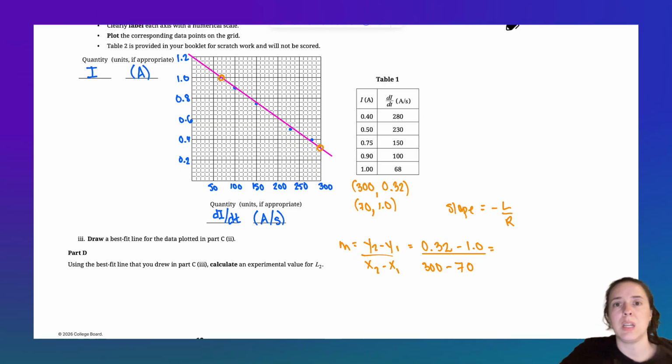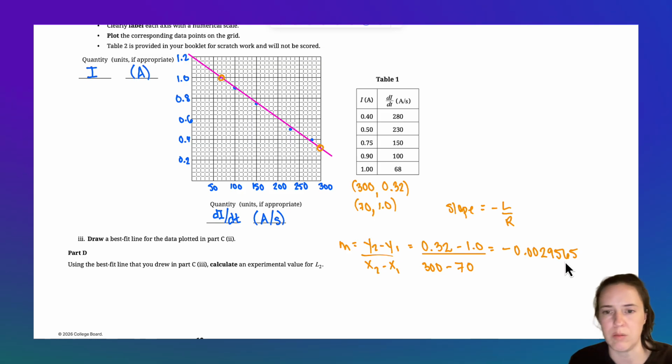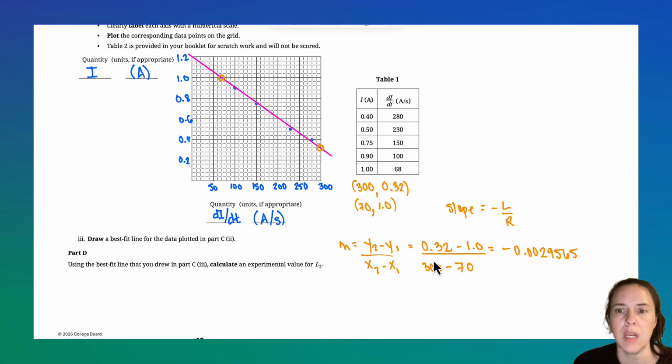Let me bust out my handy dandy calculator. All right, that's the slope we get if we pop that in. The units for that: my y coordinates were amps, so it's going to be amps, over my x coordinates, which were amps per second. That's going to leave me 1 over seconds, so that's going to be units of seconds. Okay.